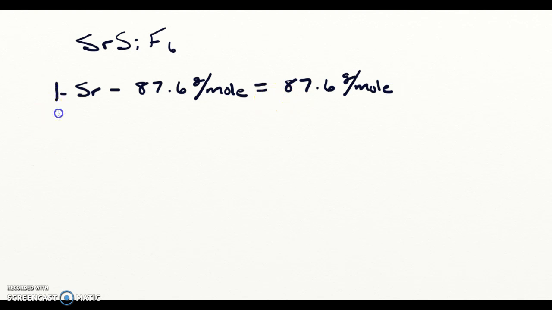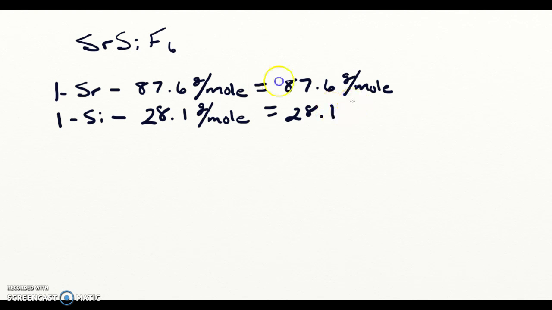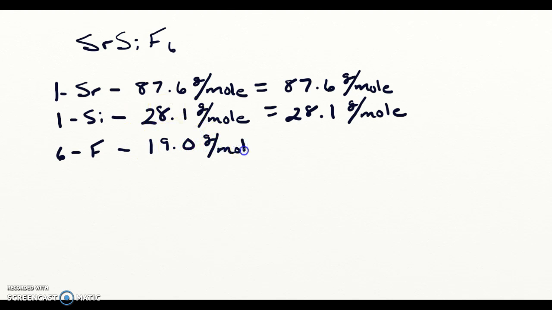And then for the silicon, there's only one of them, and for each one, it's 28.1. I multiply by the number of atoms, and there's only one, so 28.1 grams per mole. And for the last one, fluorine, there are 6 fluorines, and each one of those is 19.0 grams per mole.